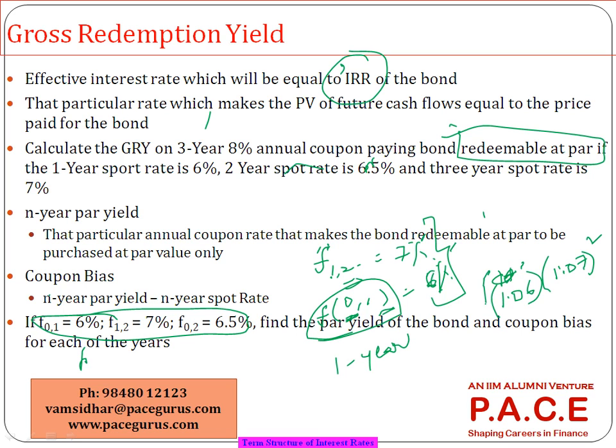If I take the cube root, to the power 1 by 3 for this, whatever the rate that I'm going to get is actually a 3 year spot rate, which is F0,3. So we already have F0,2, F0,1, and now we are deriving F0,3.